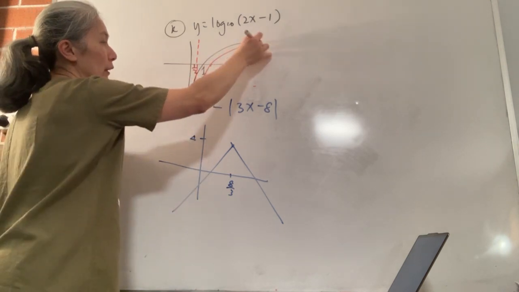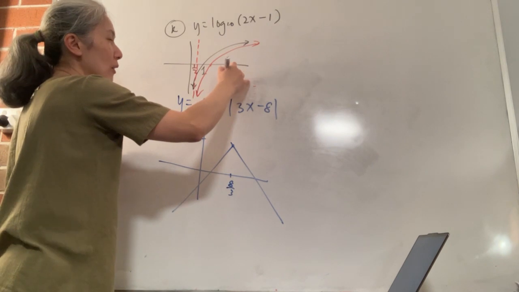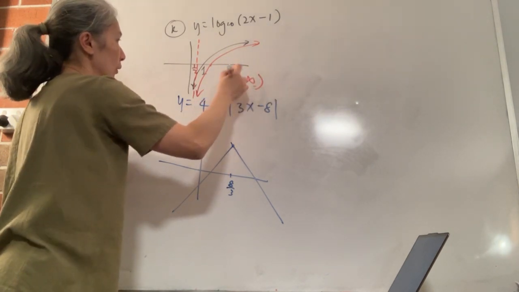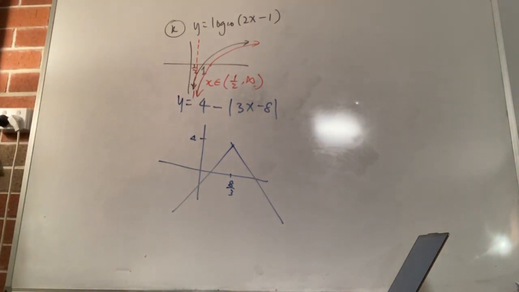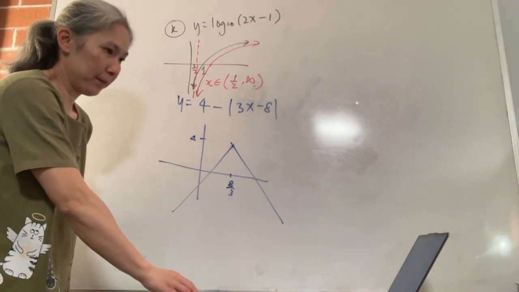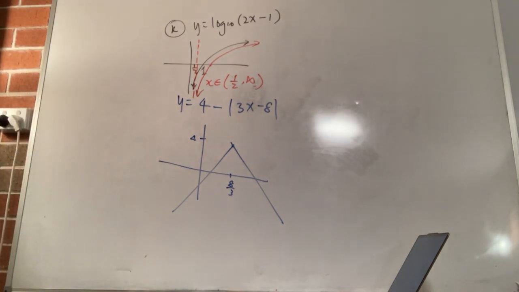So you have a curve that way. So your domain is going to go from a half to infinity. A half is not included. That's your domain. Good?